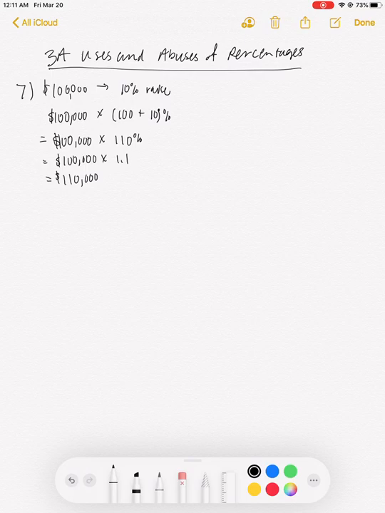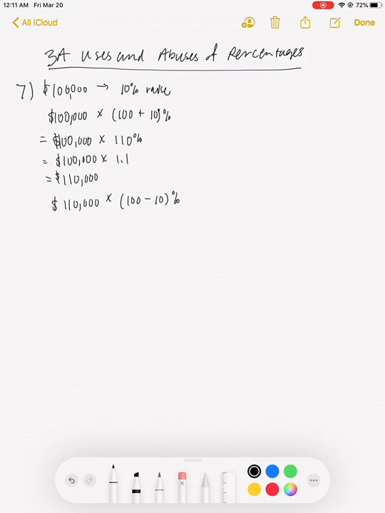Now there's a cut that's going to happen, and so we're going to do a 10% cut. So we'll start with our $110,000, do our 10% cut, which means we're only going to use 90% of our salary, and we calculate that by doing 100 minus our p%, or 10%.